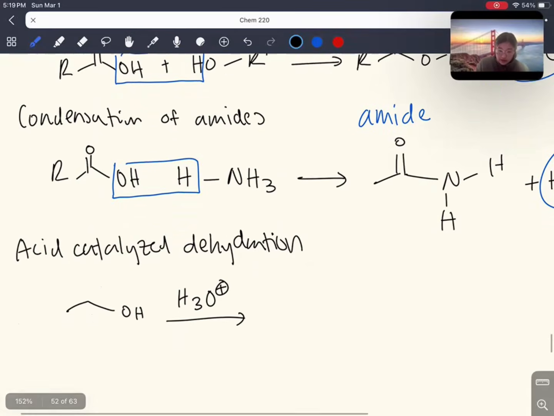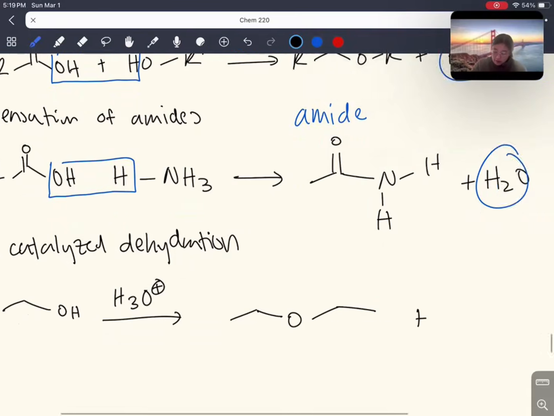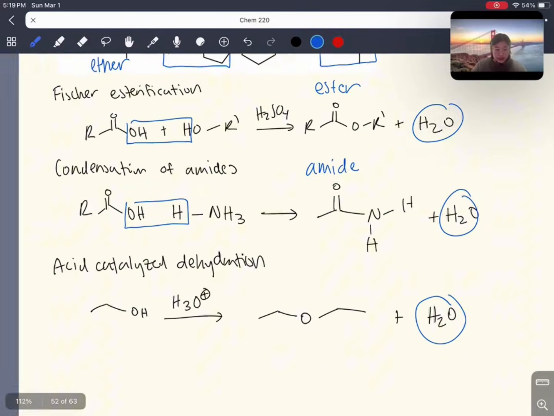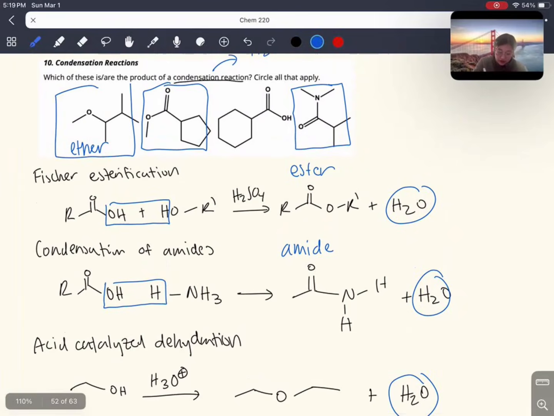Basically you can form an ether, and it also produces water as a side product. So this is also an example of a condensation reaction. And so we know that yes, this first one can also be the product of a condensation reaction.